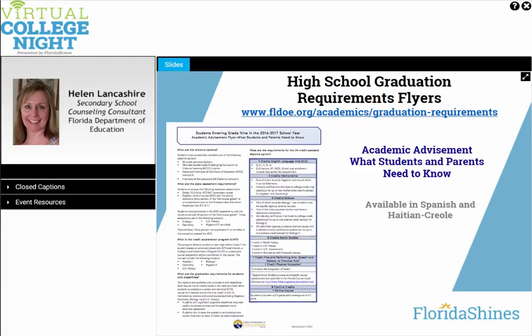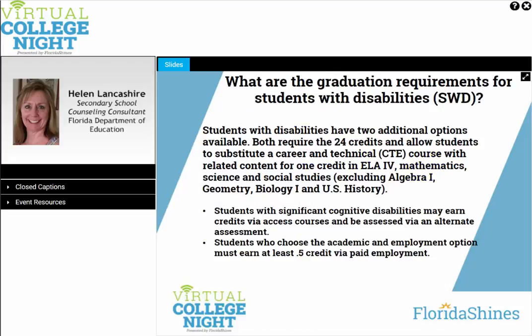Our high school graduation flyers are posted at our graduation requirements webpage and are a handy tool available in Spanish and Haitian Creole translation. In addition to the 24-credit program we highlighted in the prior slide, we have two additional pathways, options for students with disabilities.